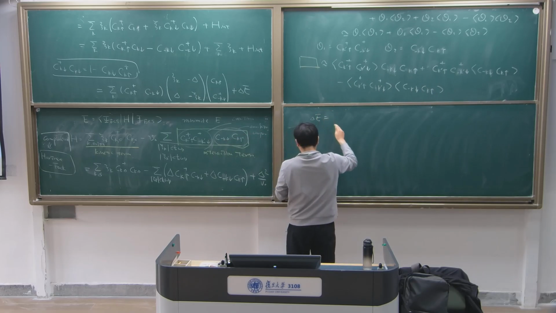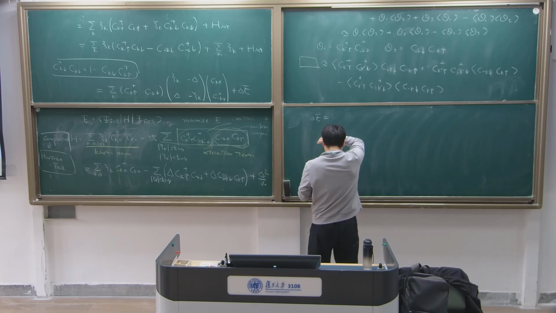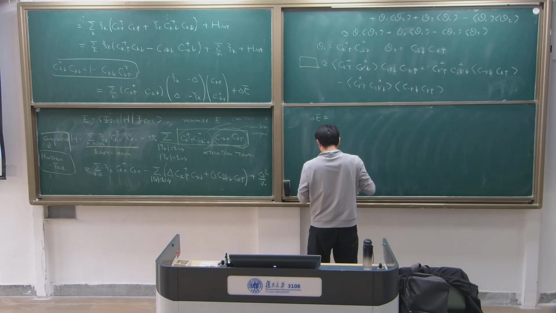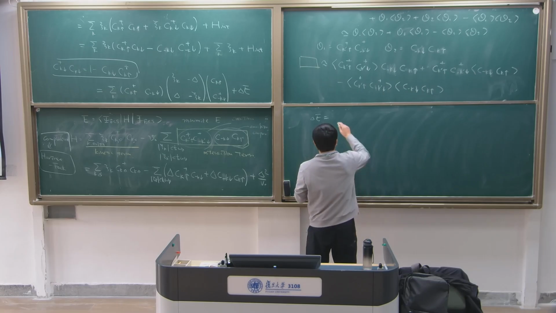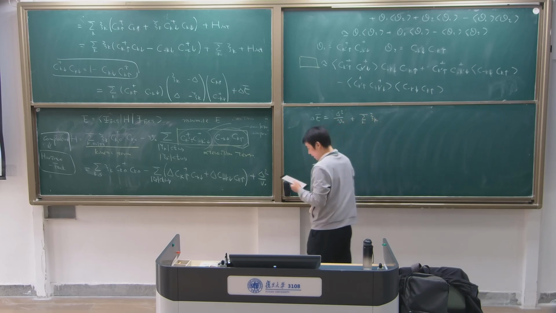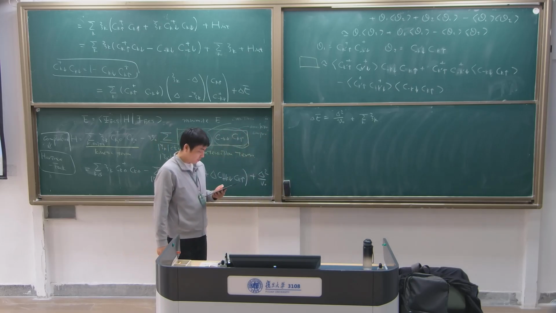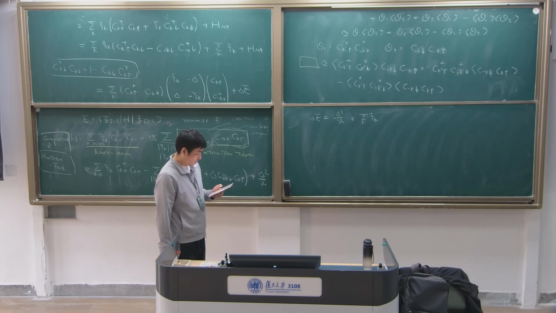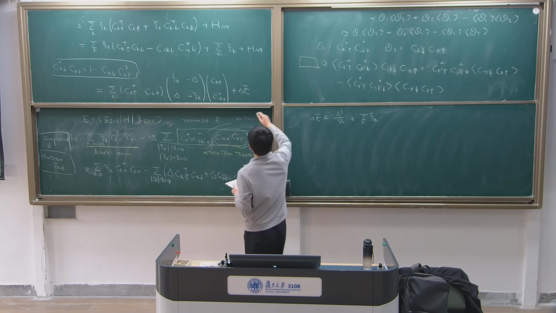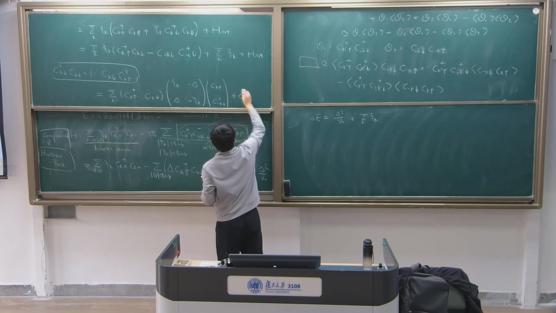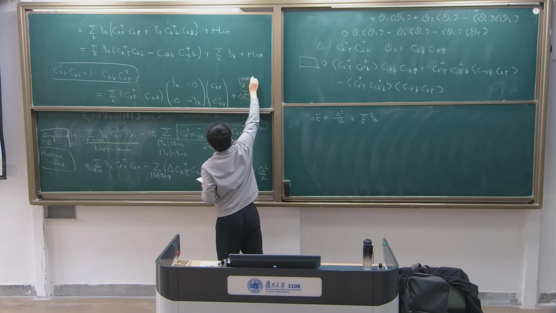So the alpha is equal to the alpha square over here, and then we will drop this and ignore it.